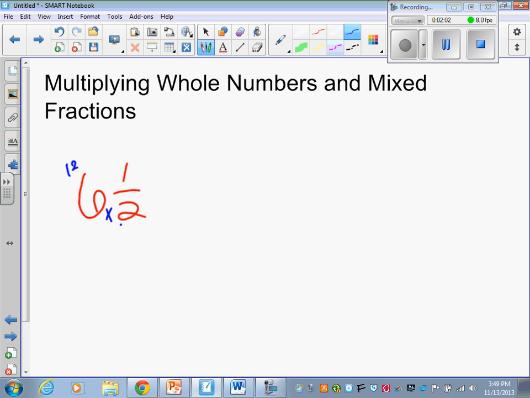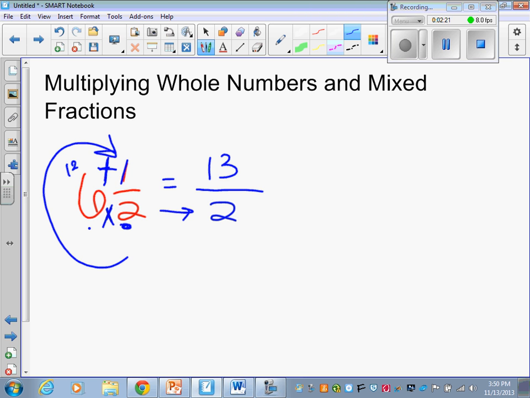That gives us 12. We add on the numerator, and that gives us 13. You keep your denominator the same. So again, you start with the denominator, you multiply by the whole number, and you add the numerator. So multiply and add, kind of like in a circle. And you keep your denominator the same.